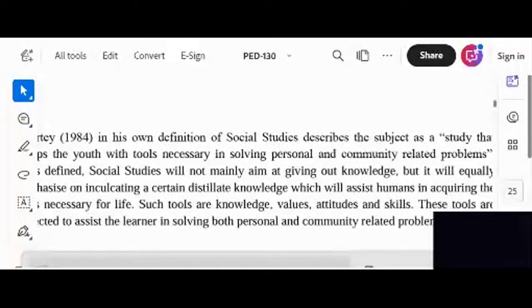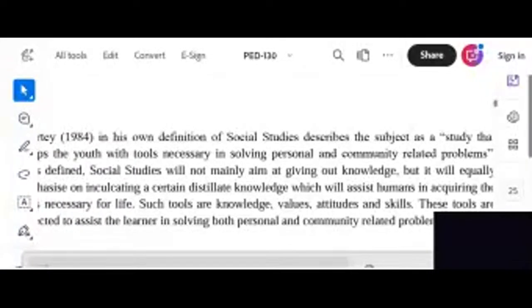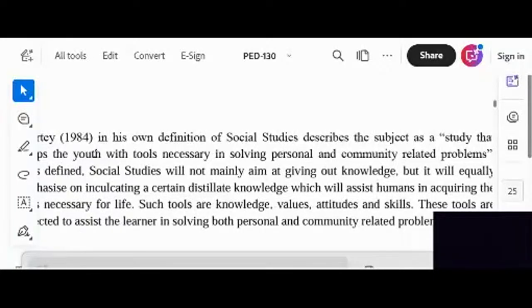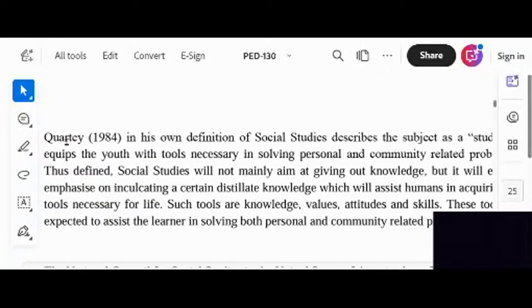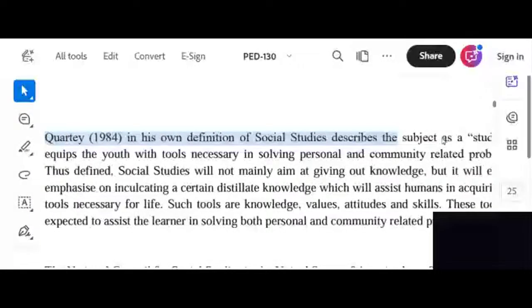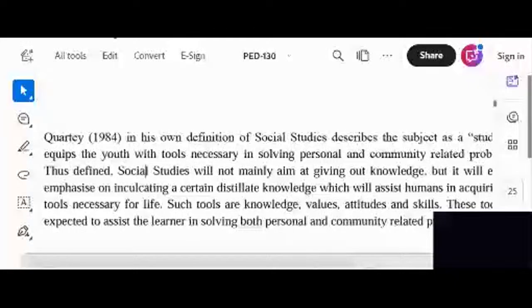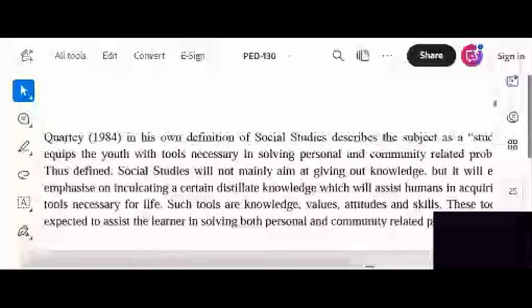He presented it in a more lively way. It equips the youth. So when you see the definition that equips the youth with tools, they are talking about Cotte.